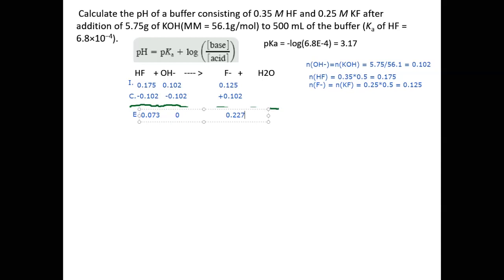So again, these are moles of weak acid and weak base, and now we have to find the new concentration of HF, which is 0.073 divided by 0.5, and fluoride, which is 0.227 divided by 0.5. 0.146.